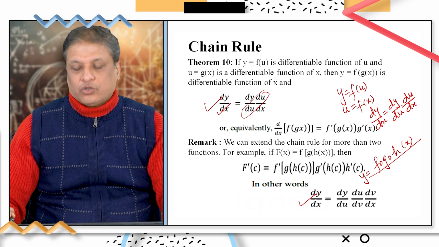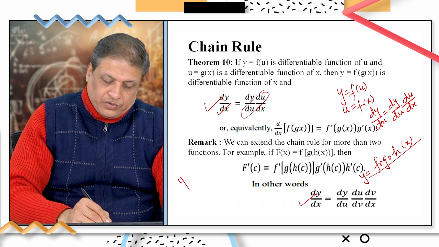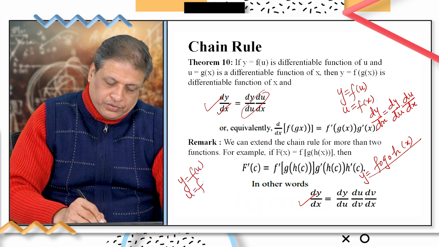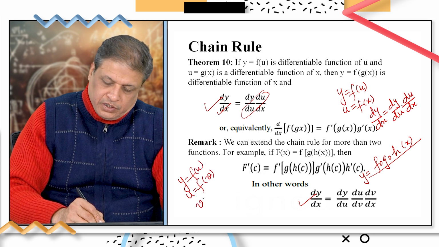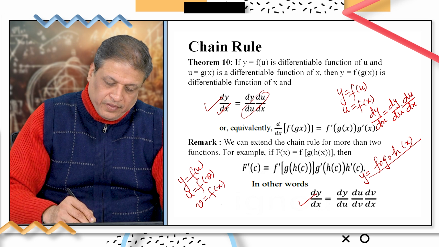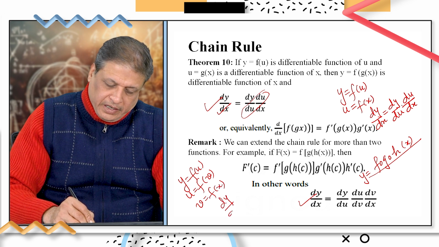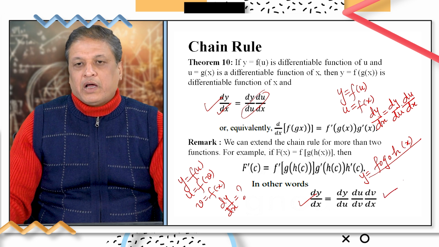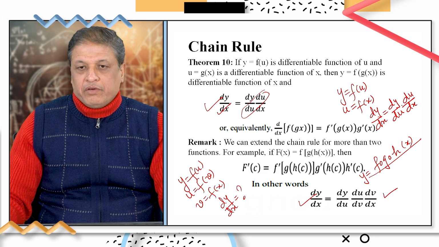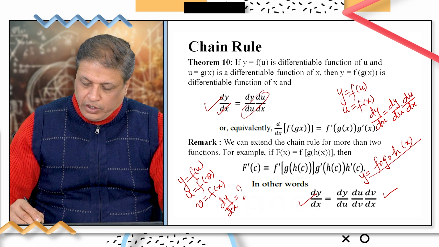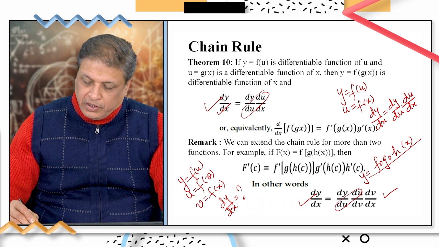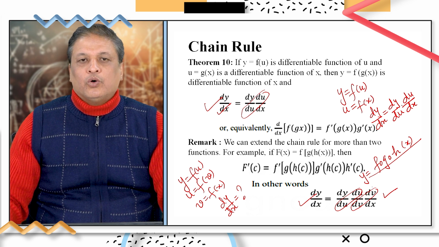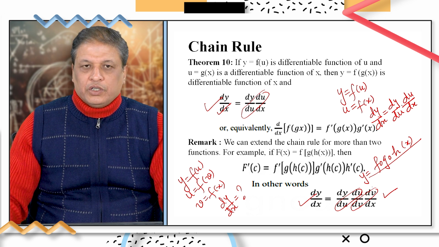Again, the chain rule is the solution, that is if y is a function of u, u is a function of v, and v is a function of x, then dy by dx will be given by the expression dy by du, du by dv, dv by dx. So here the chain is formed by u, and here the chain is formed by v. I hope you understood what the chain rule is all about.